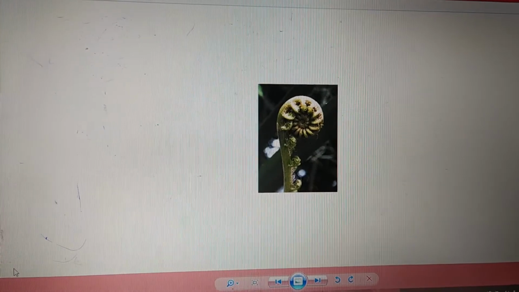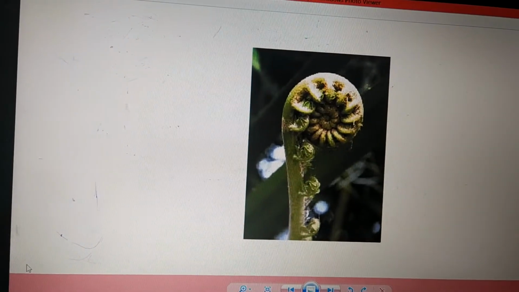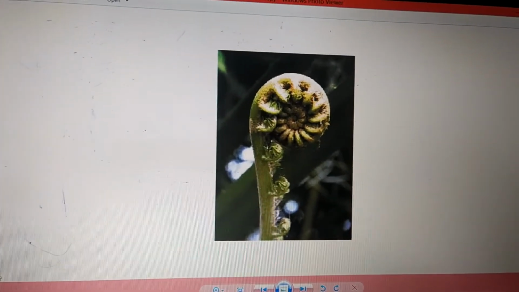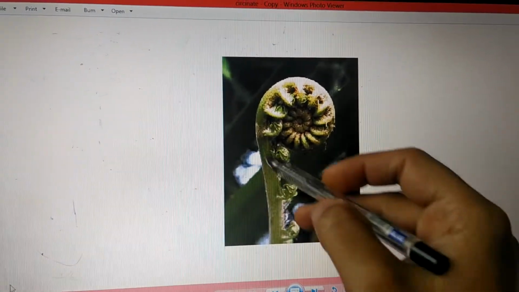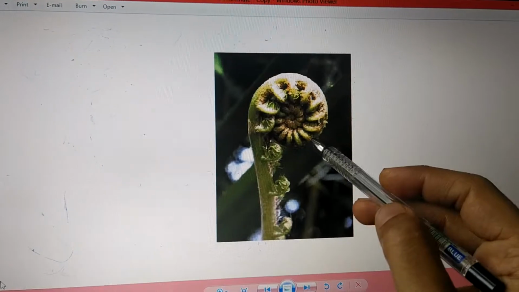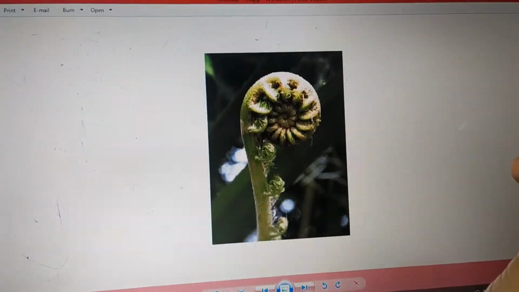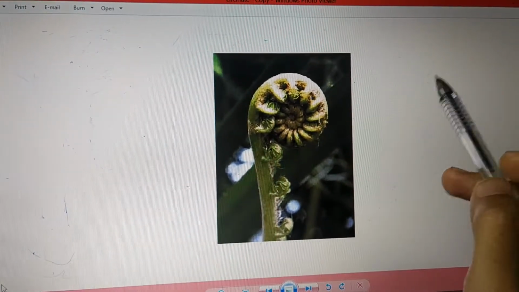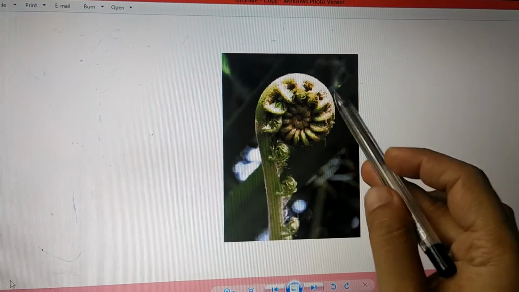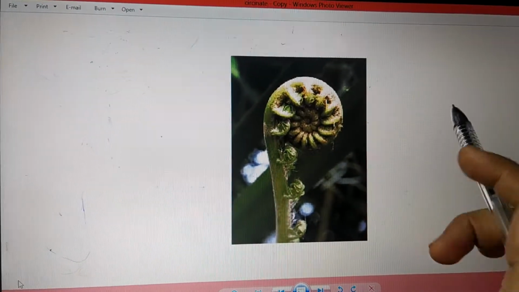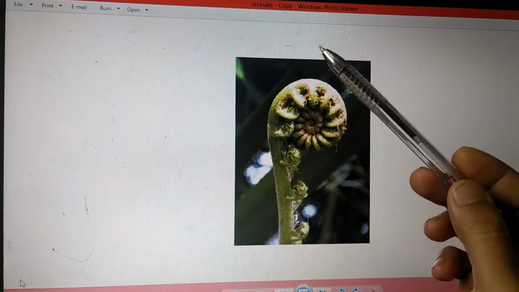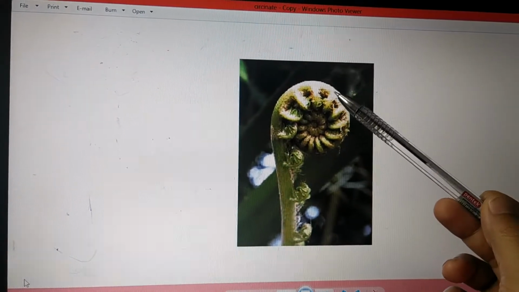So, this is the image of circinate vernation. This is nothing but the growing young leaves of the fern. A similar kind of structure development is seen in Marsilea, that is, young leaves of Marsilea grow in this manner. This is called circinate vernation. It is the manner in which leaves of the fern emerge.